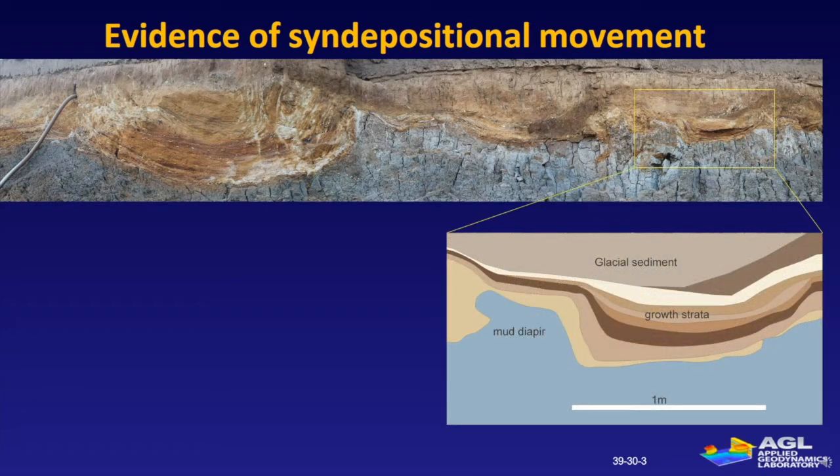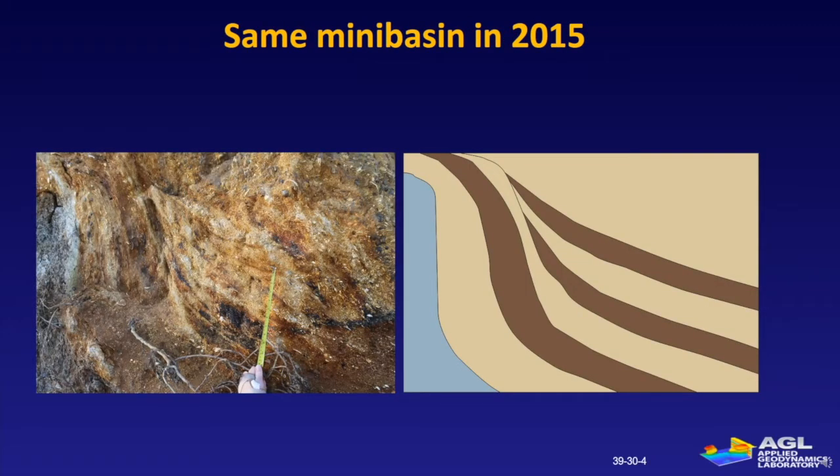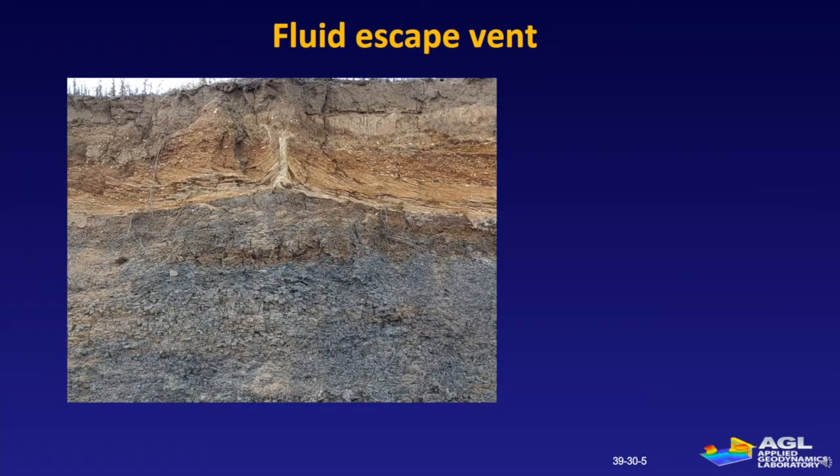In other words, this mini basin was growing during the warm period, nothing to do with the glaciation. Here's another section. Actually, it's the same mini basin taken 5 years previously when the cliff was a couple of meters further out. And again, you can see onlap and wedging of the section, demonstrating this is syndepositional tectonics.